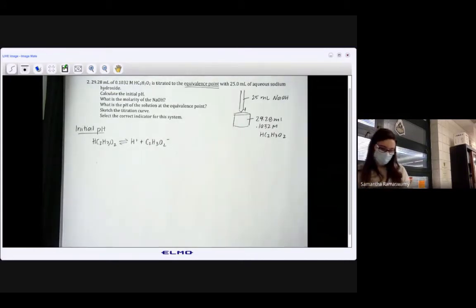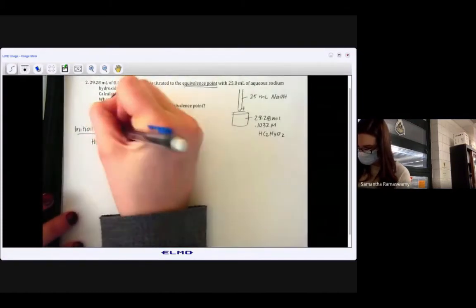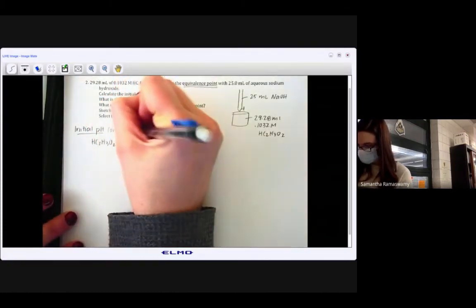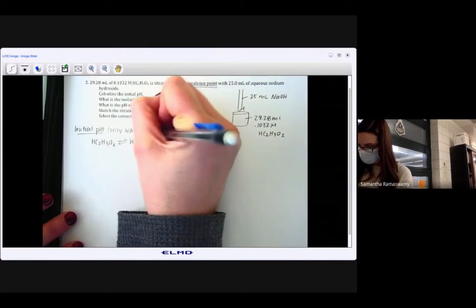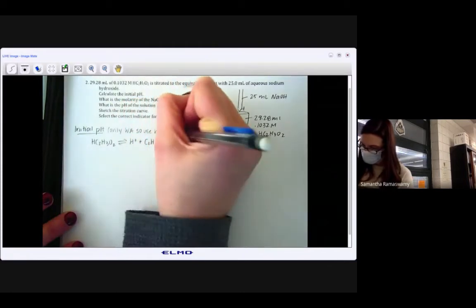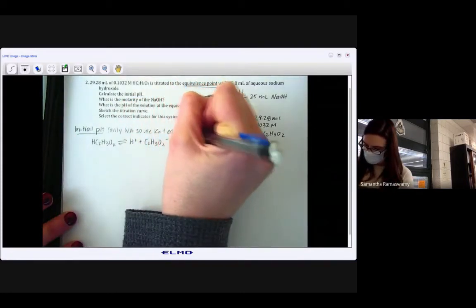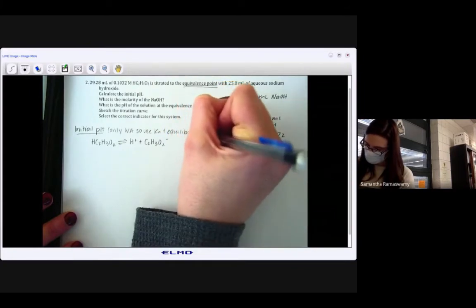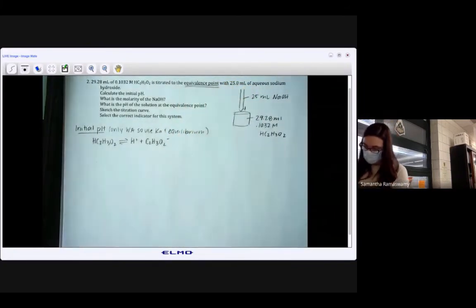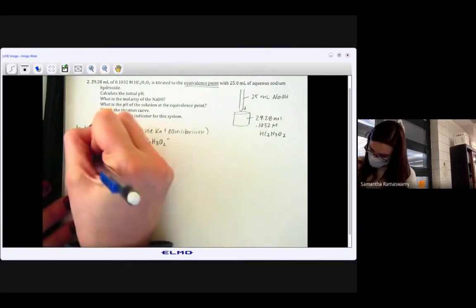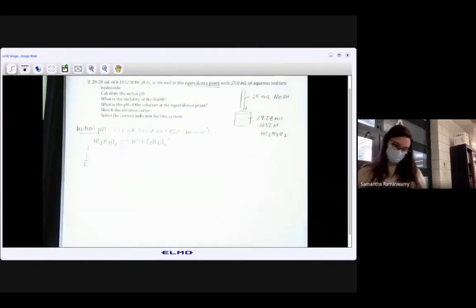So initial pH. I'll just make a note here. This is only weak acid, so use Ka and equilibrium. I know that I have something that's weak and I'm going to need to do a calculation.